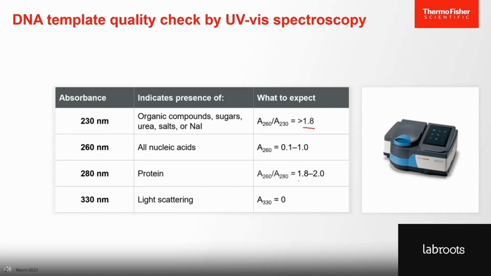The absorption 260 to 280 ratio can be used to check for protein contamination originating from enzymes or cells. Additionally, absorption at 330 nanometers can indicate light scattering by particles such as silica breakthrough from spin columns. Keeping an eye on these ratios can give a good idea about the purity of the template, ensuring a successful PCR reaction.